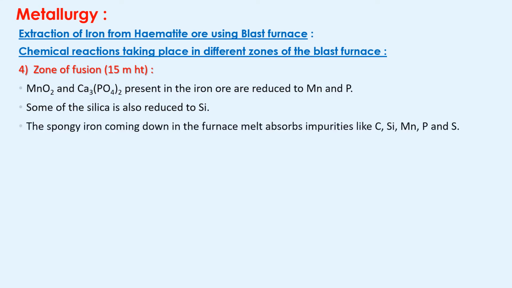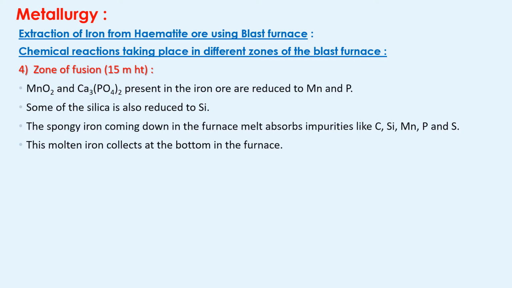So the spongy iron coming down in the furnace melts. At the time of melting, it may absorb impurities like carbon, silicon, manganese, phosphorus and sulfur.